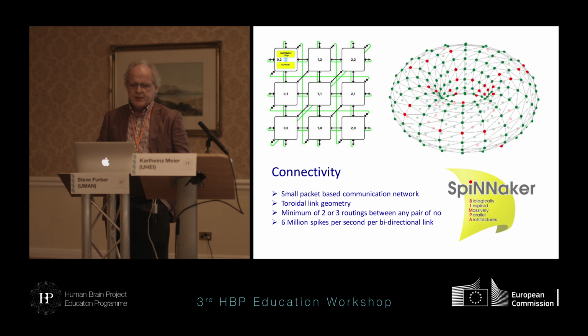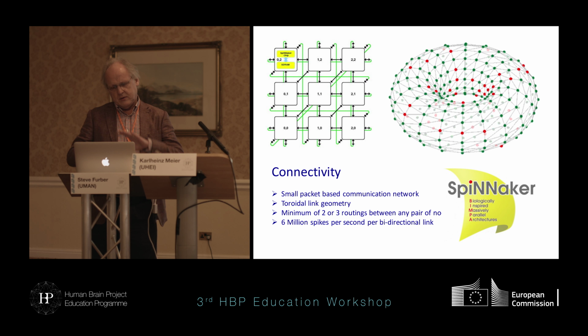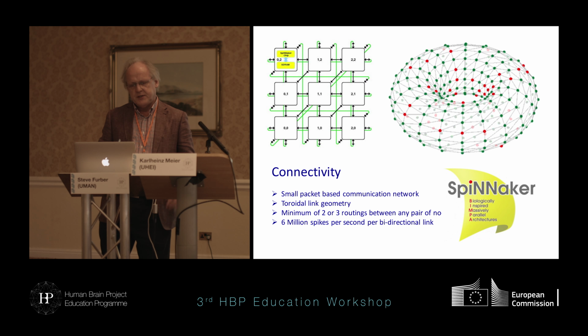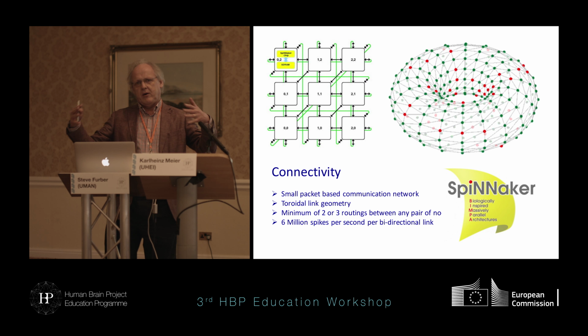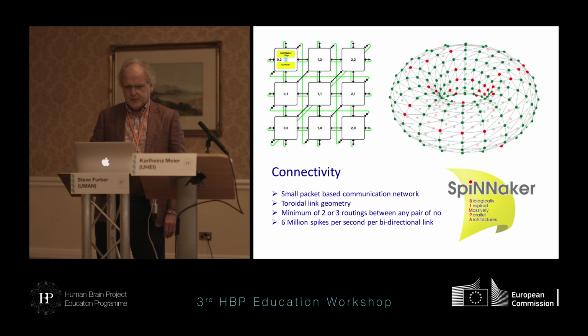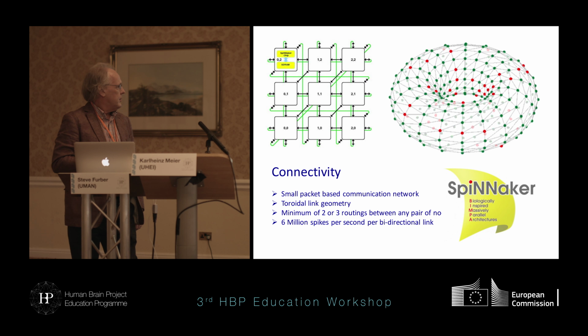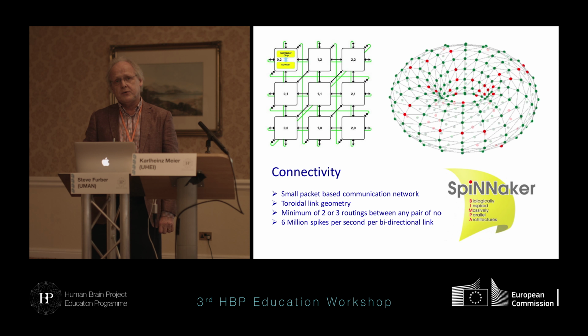The overall machines above a certain size are folded together as toroids. It's basically a 2D mesh with periodic boundaries, and then we fold these up to form the machines. There are multiple paths available within the machine. There's at least 2 and usually 3 routes you can take to get from anywhere to anywhere else.